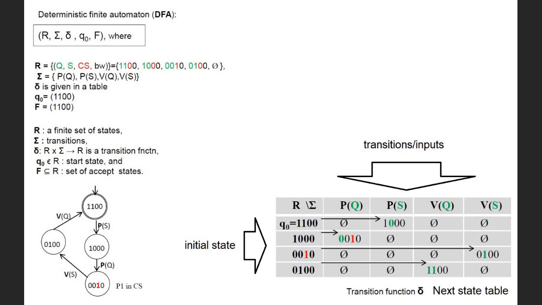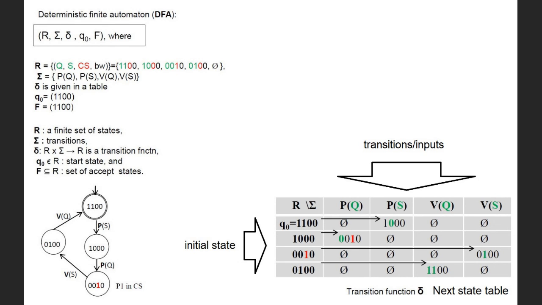The description of such transitions may be included in a table, and such a table describes the transition function in which we have the next state. So we have at the leftmost column the initial state, we have inputs, transitions, P of Q, P of S, V of Q, V of S, whatever it is.